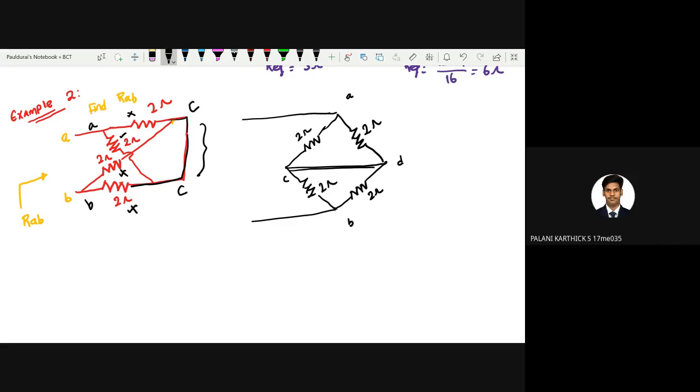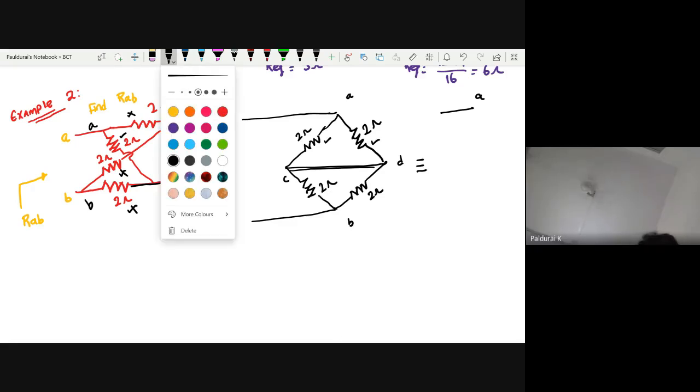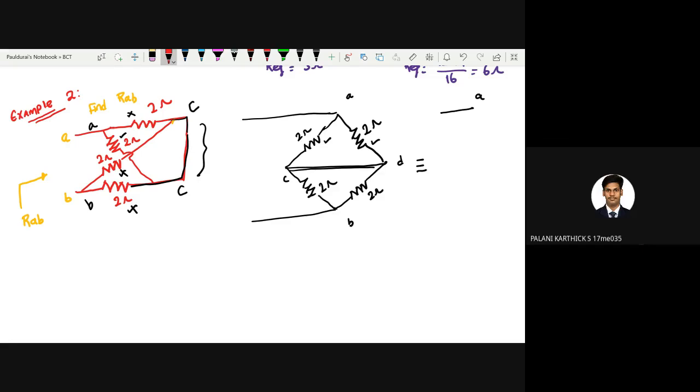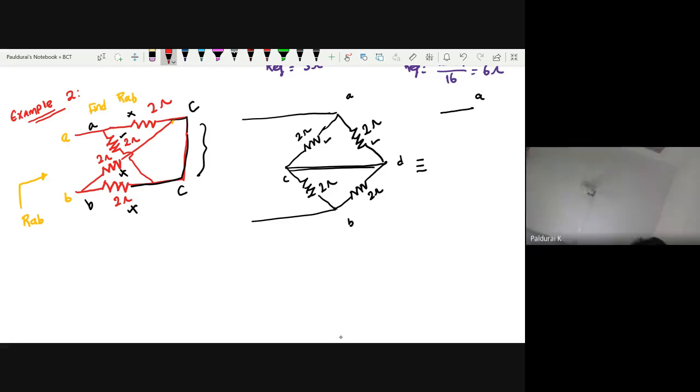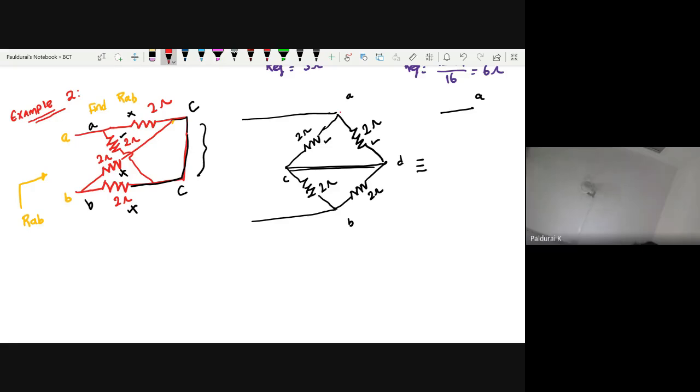Now, what is the equivalent of this one? This is my A. Take these 2 and these 2, are they connected in series or parallel? Both the terminals are connected, so it is parallel. Two in parallel becomes 1.